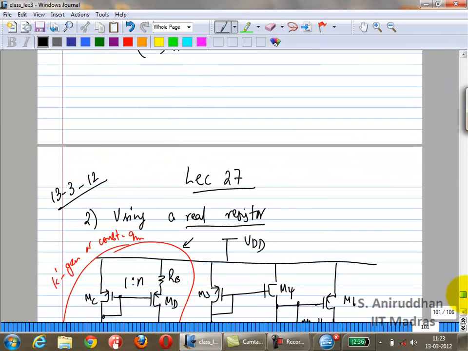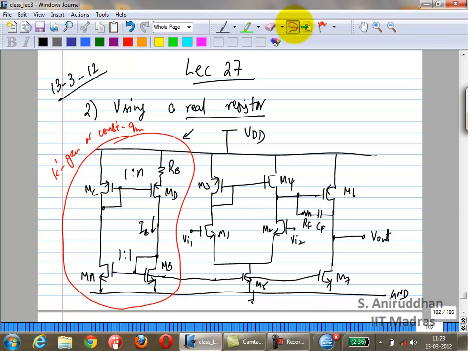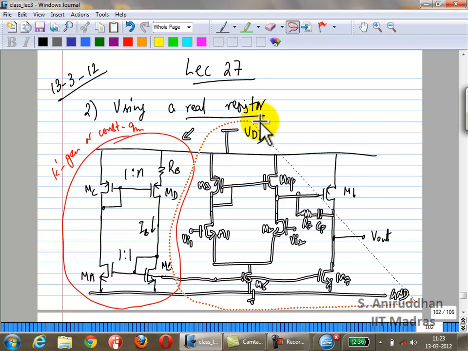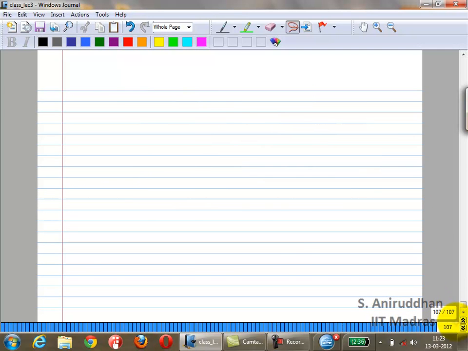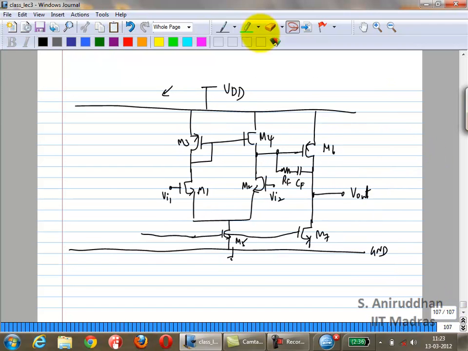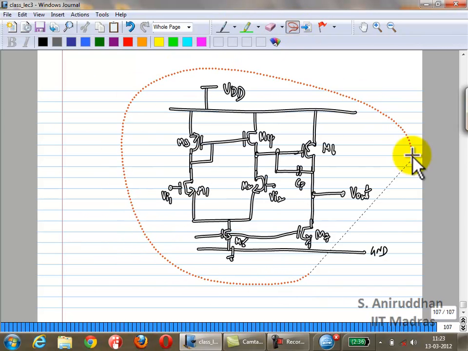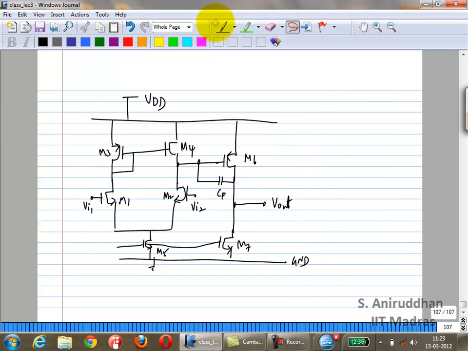Okay, so let me do one thing. I'm just going to copy this portion. Okay, so we decided that we want to start off with the slew rate.